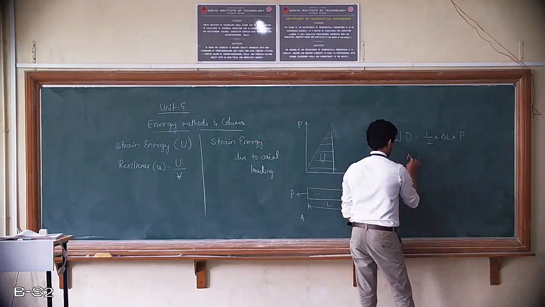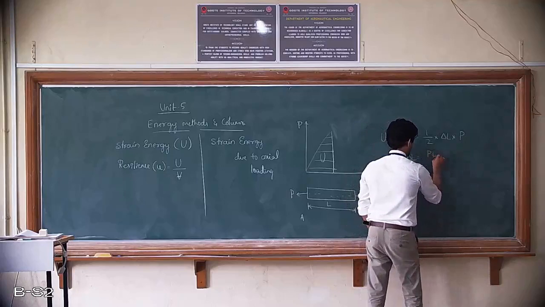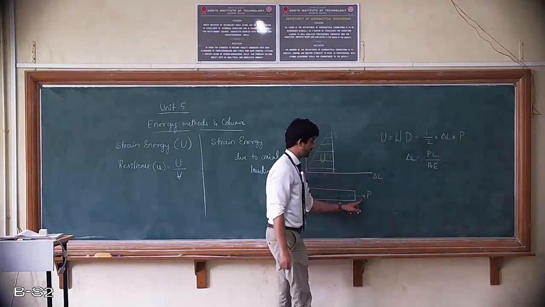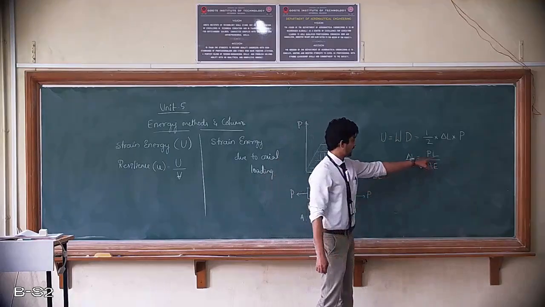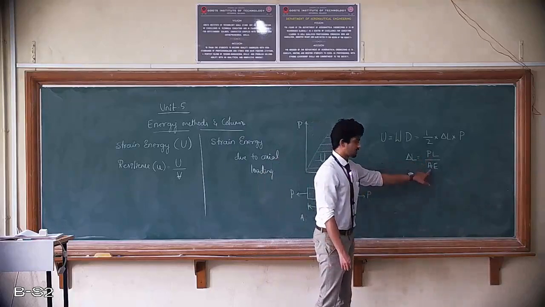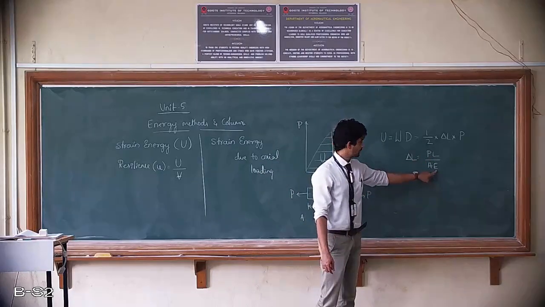So delta L, change in length, is defined to be PL by AE, where P stands for the tensile load applied, L is the initial length, A is the cross-sectional area, and capital E is Young's modulus, the property of a material.